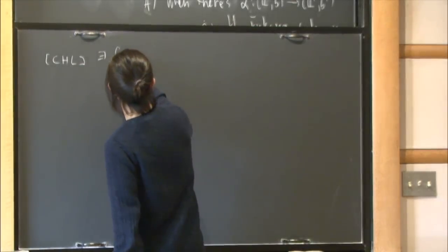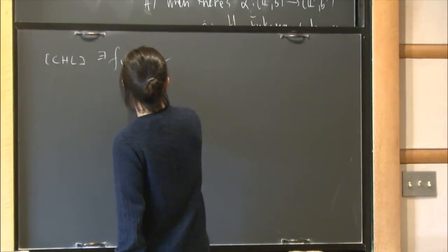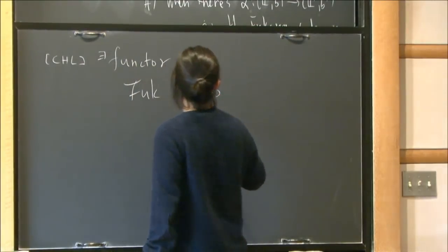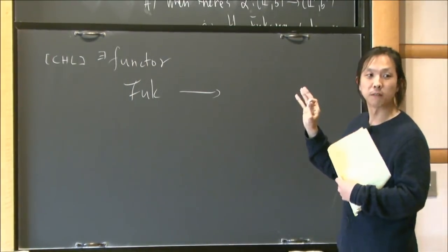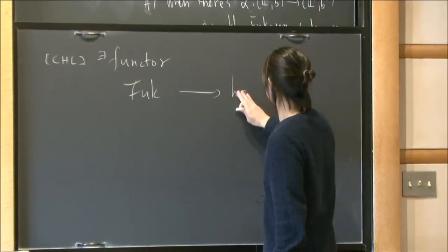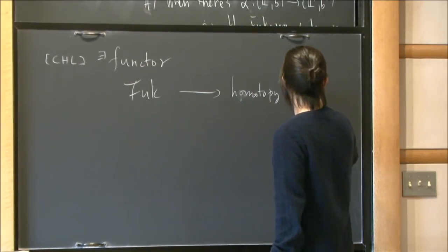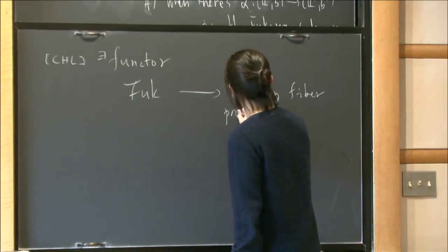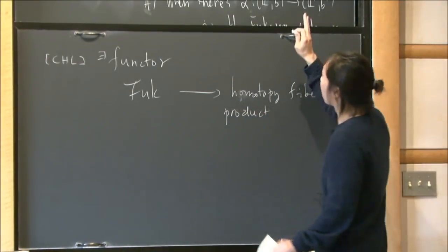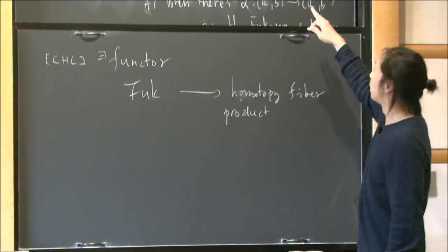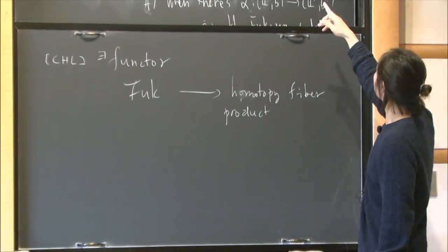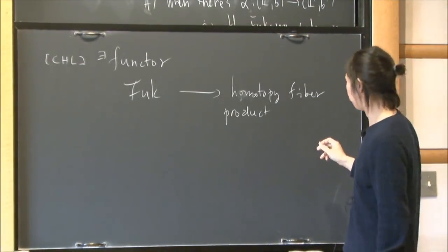So there still exists a functor from the Fukaya category to a homotopy fiber product of the category that comes from MCL, and the one coming from MCL prime.